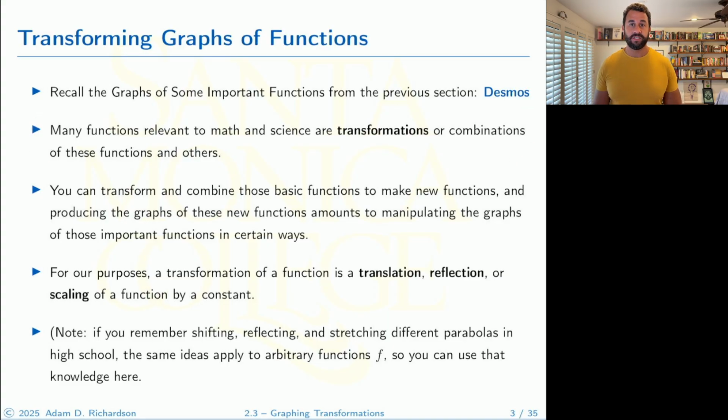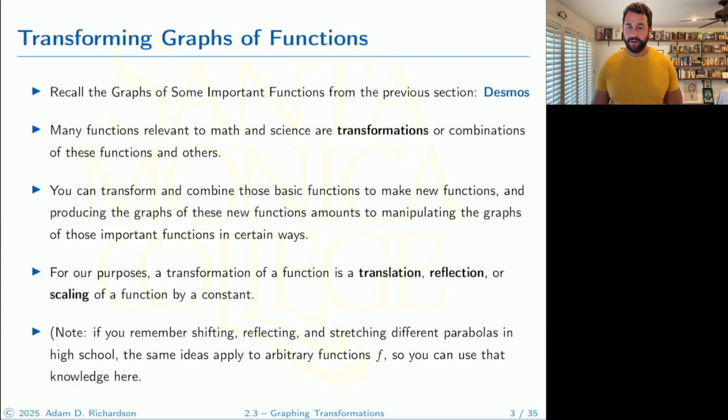So many of the functions that are relevant to mathematicians and scientists are transformations of those basic functions that we saw in the previous section. So you got to know them. What you can do is you can combine those functions to make new functions, and producing the graphs of those new functions really just amounts to manipulating the graphs of those other functions that we saw.